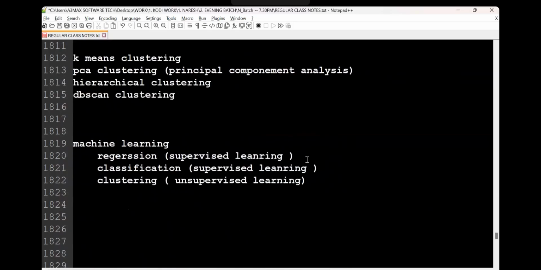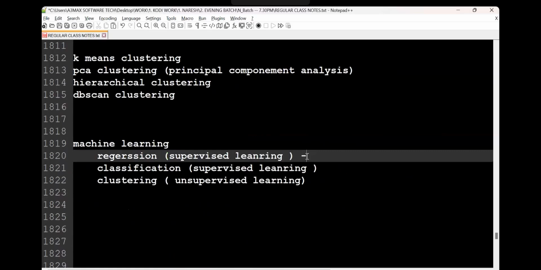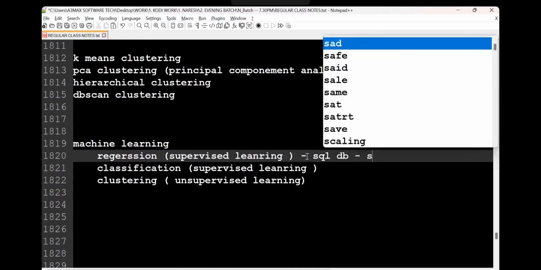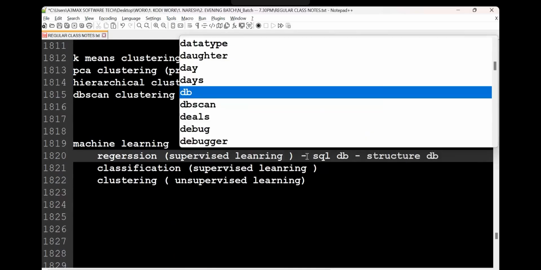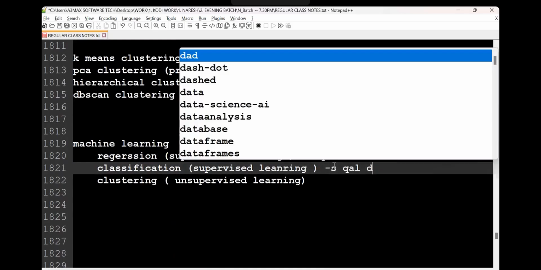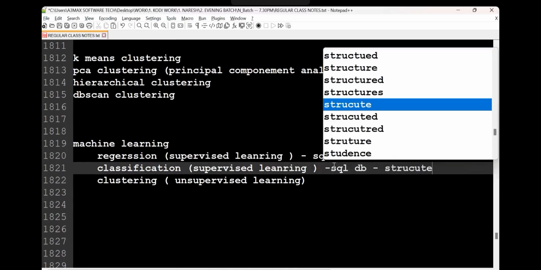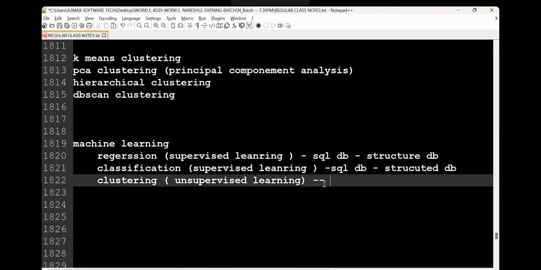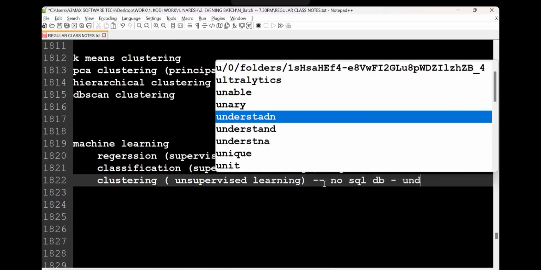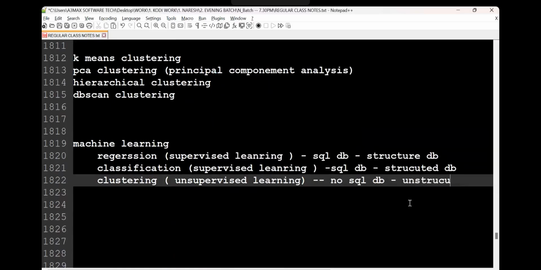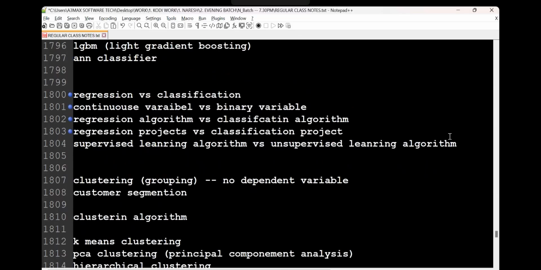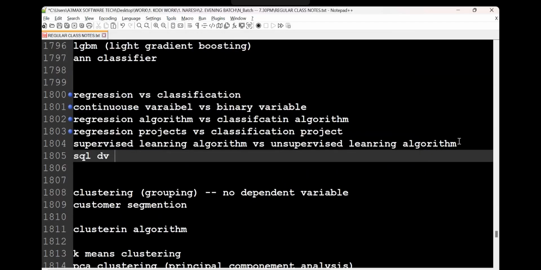So here, supervised learning handles SQL DB, structured database. This one also handles SQL DB, also structured DB. And this one, NoSQL DB, is called unstructured database, guys. So here we also talk about SQL DB versus NoSQL DB.